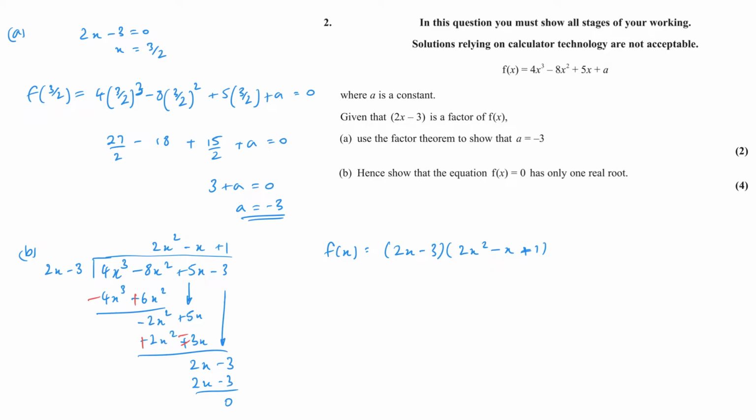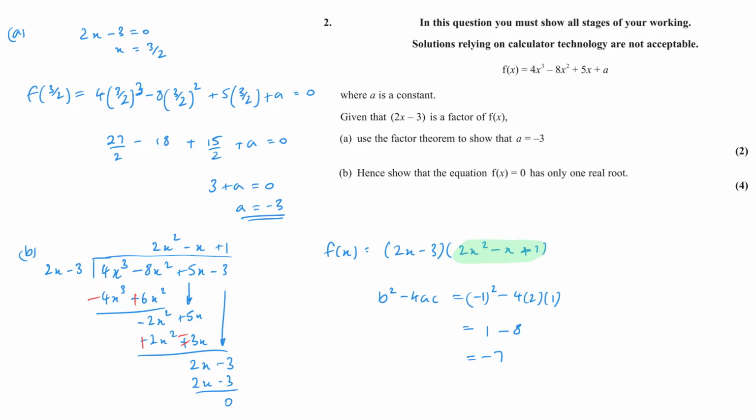And what we want to do is we want to show that this has no solutions. And we do that with b squared minus 4ac. So it's going to be minus 1 squared minus 4 times 2 times 1. And that's going to give me 1 minus 8, which is minus 7.